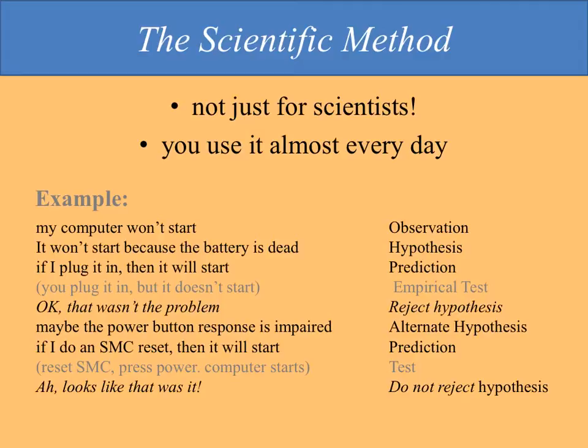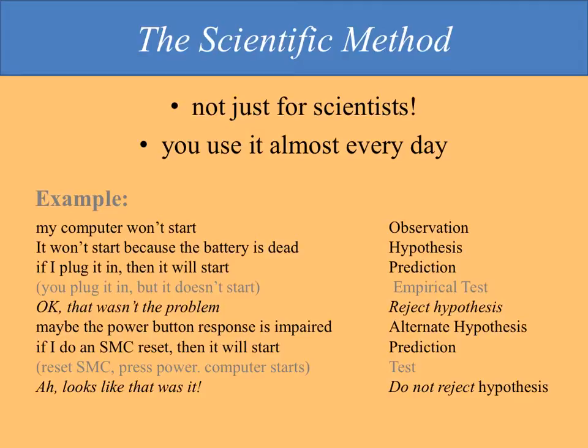And then, finally, you have these predictions, and you go and you test them. You test the predictions of the hypothesis. If you show that the prediction that you've made is not true, that it's wrong, then you can conclude that that hypothesis is not the reason for what you're seeing.